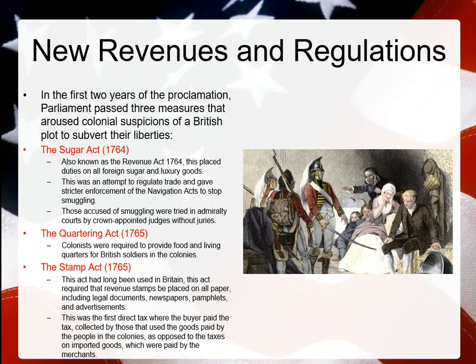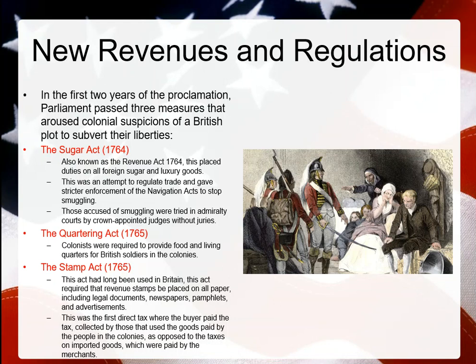They're going to try to basically regulate the trade that was imposed upon by the Navigation Acts, and they're going to become stricter in enforcing the Navigation Acts. So this whole salutary neglect is going to go away after the 7 Years' War. Britain needs money, and these colonists are not staying in line with what they want, so they need to flex their muscle a little bit.